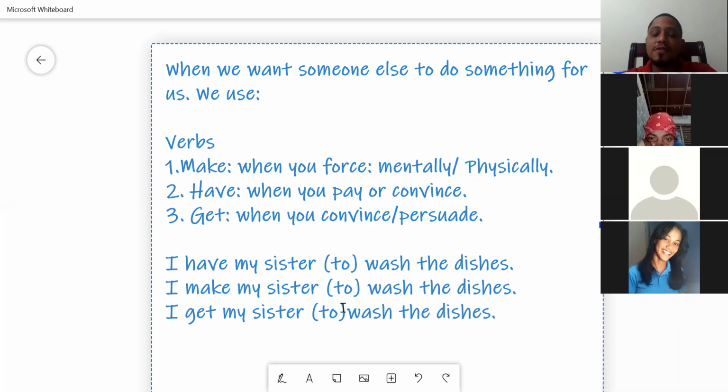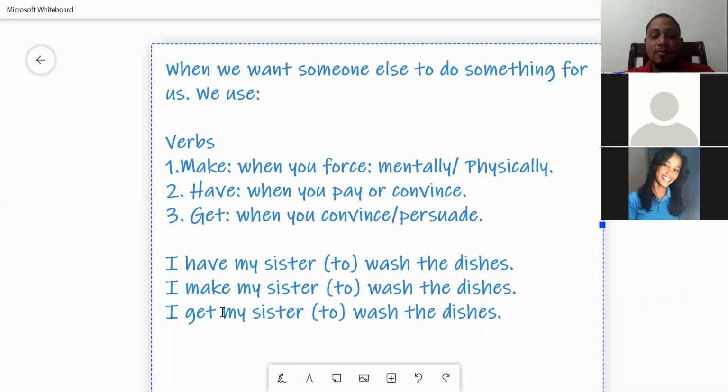So these verbs, when you use them, they don't accept the particle to in the following verb. You see, we have this verb, which is have. This one is conjugated. Conjugated means that the verb is in combination with a pronoun, you see? And then we have a verb here that is in combination with any pronoun.